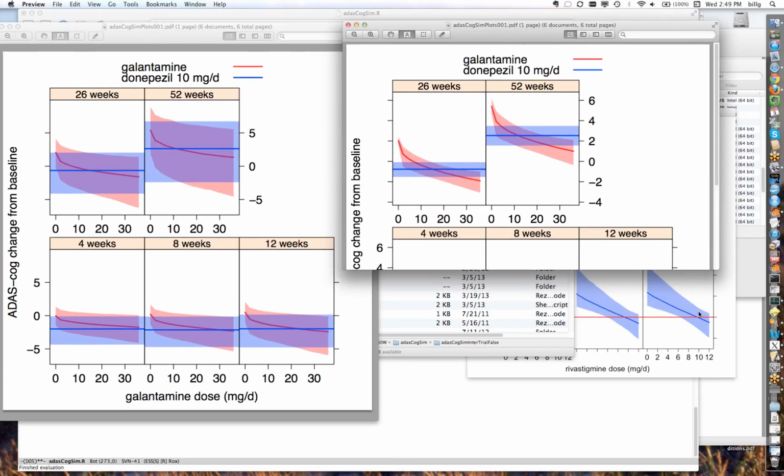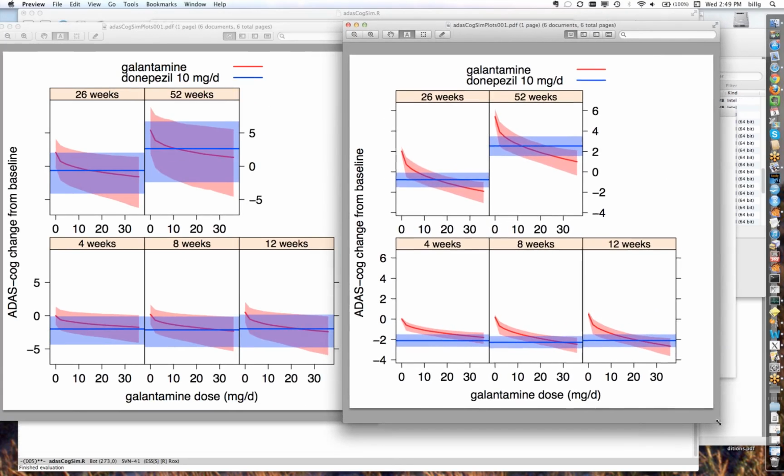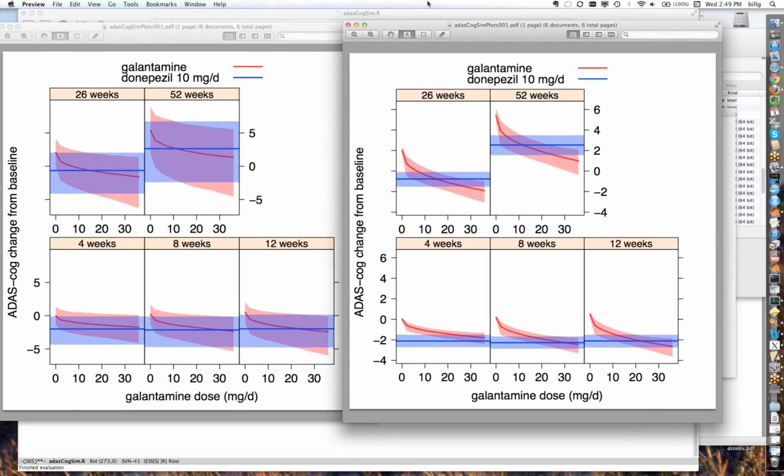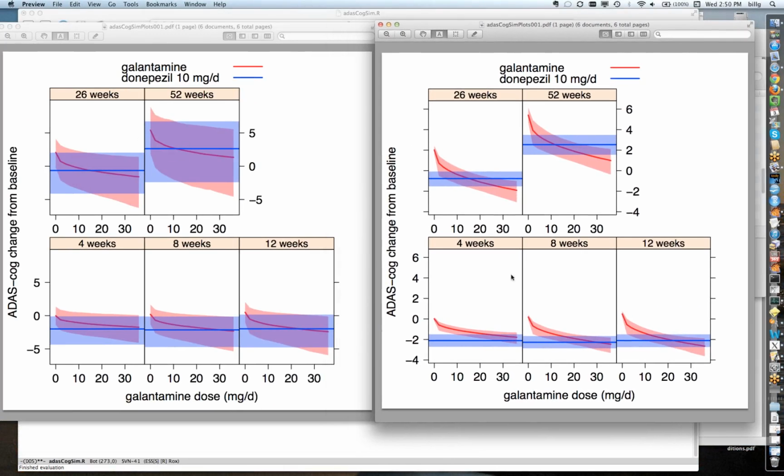Okay, this is probably the most striking comparison here, is to look at where we're calculating the ADAS-Cog change from baseline, and you can see on the right-hand side where we've averaged it in, you actually get quite a bit narrower prediction intervals for this example.